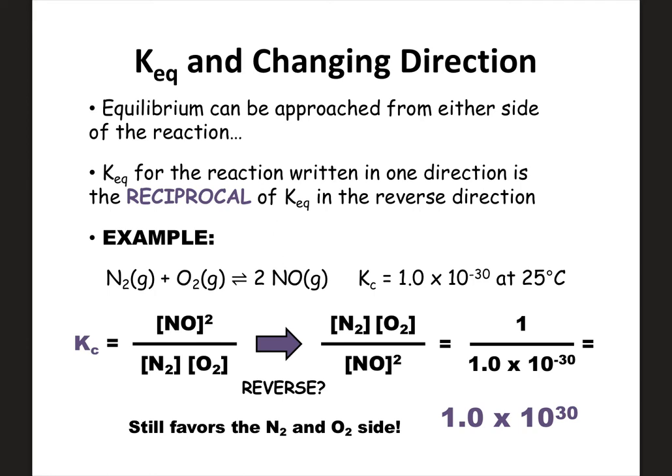Well, when we reversed it, our products are the N2 and the O2 still. So it still favors the same substances, whether you're doing the forward or the reverse. Just realize here, if you do reverse a reaction and you have the Kc for that reaction, you need to do 1 over the Kc in order to get your new Kc for that reverse reaction.